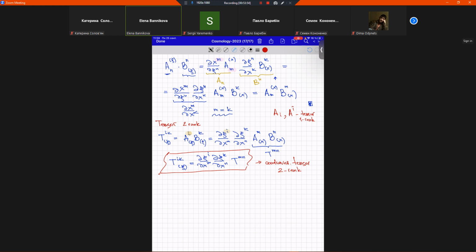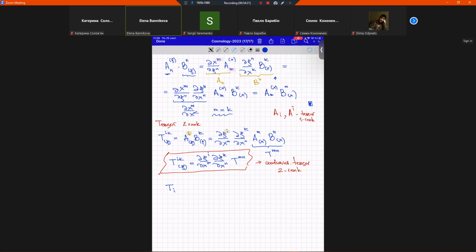Also, we can immediately write the expression for a covariant tensor of the second rank. If I say covariant, it means that I need to put the indexes as lower indexes.